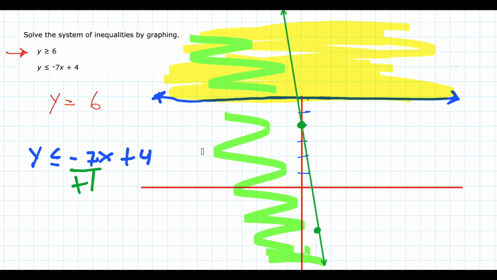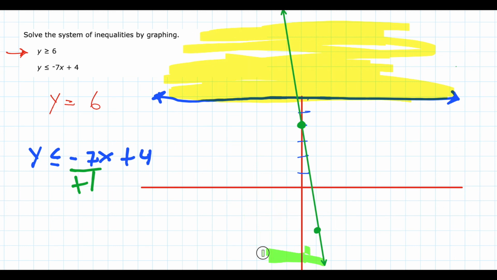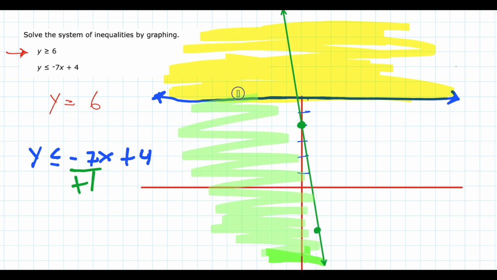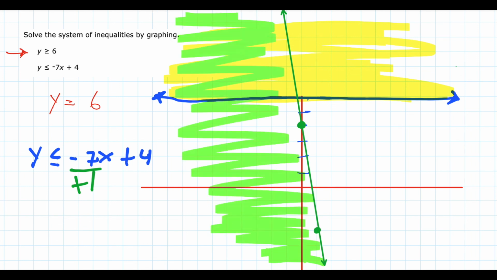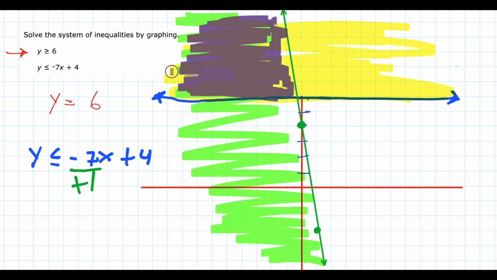Now I'm shading. I'll do it like this just so you can see it, but if I was doing it with pencil, sometimes when you have all these colors, it complicates things. So the answer is here. Cool. Any questions?